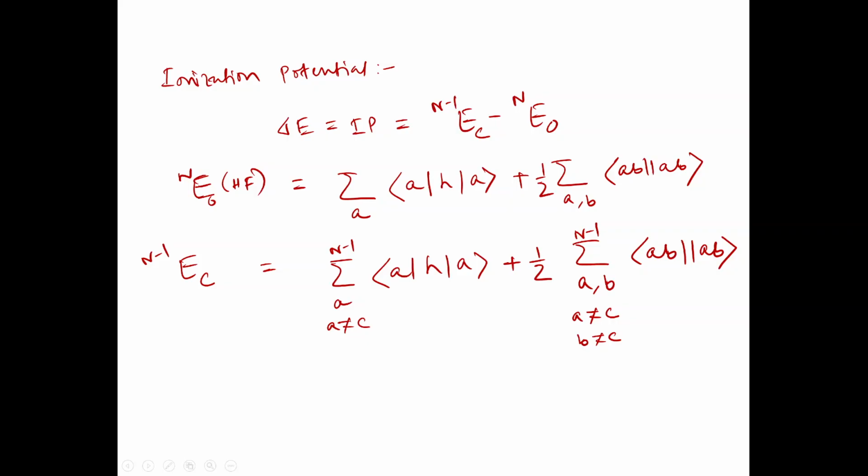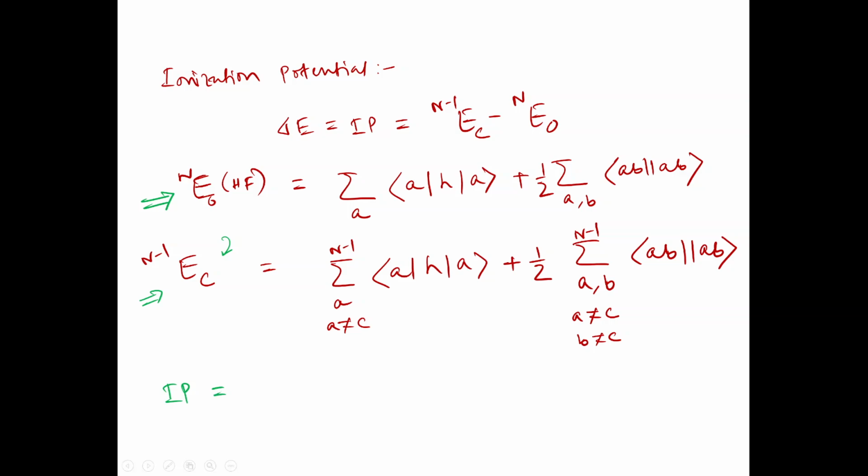Look carefully: this Hartree-Fock energy contains all the terms. However, this E(n minus 1) doesn't contain the terms where A is equal to C. That means only those terms will be left. You have to find out those terms which are not present in this, and obviously those will contain the orbital C. That is how you'll actually calculate.